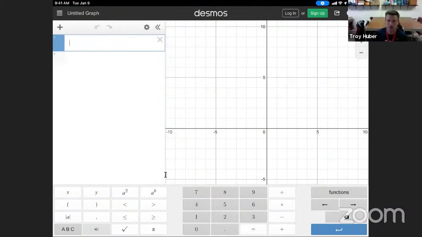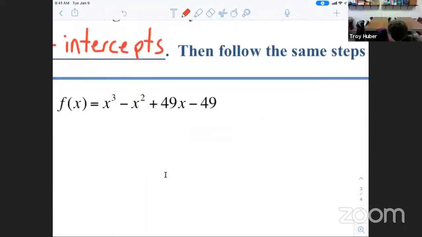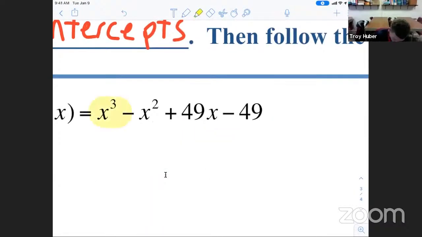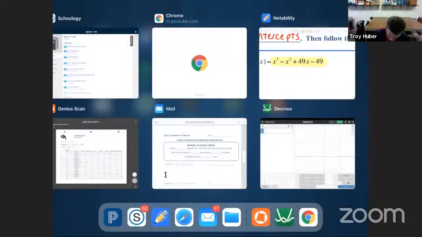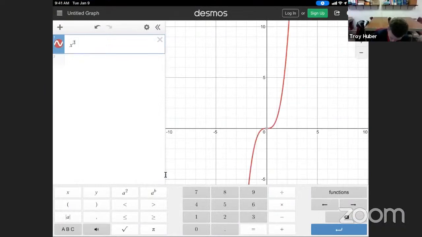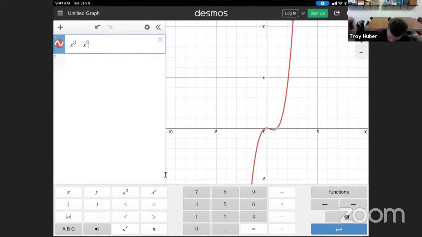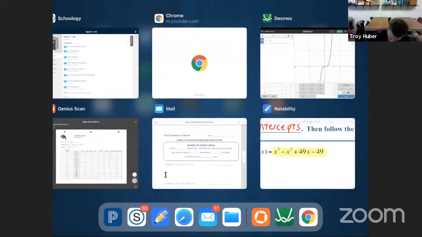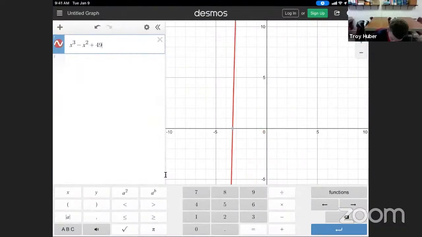All right, we would just plug our polynomial in. So in this case, we would plug in just this part right here. So x to the third minus x squared plus 49x minus 49.